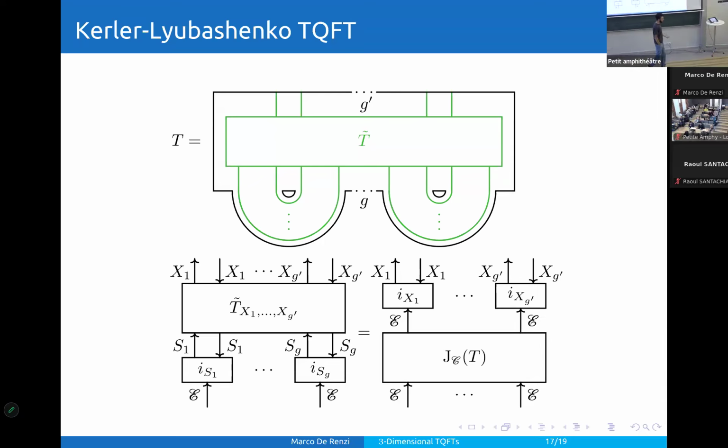I'm not doing this here just because I haven't had the time to talk about ribbon graphs and bichrome graphs in general, but you can imagine having inside these cobordisms also ribbon graphs labeled by objects of C, maybe with components of two different natures, like certain components that need to undergo the same procedure as these green components here, like the red components in bichrome graphs, and the blue ones that can be treated just like Reshetikhin-Turaev does.